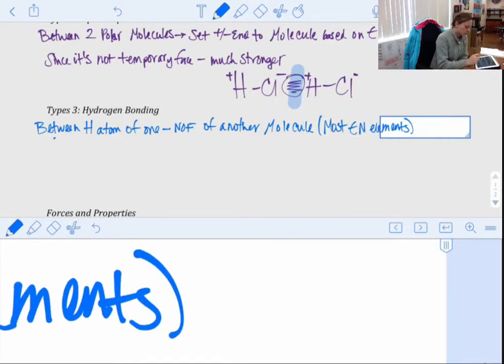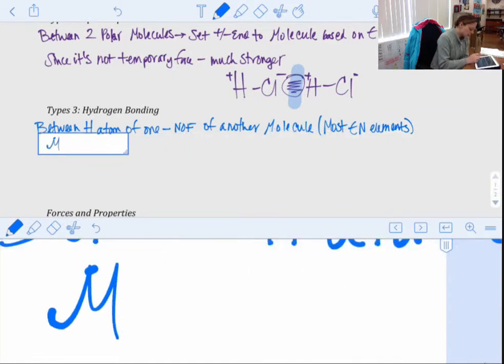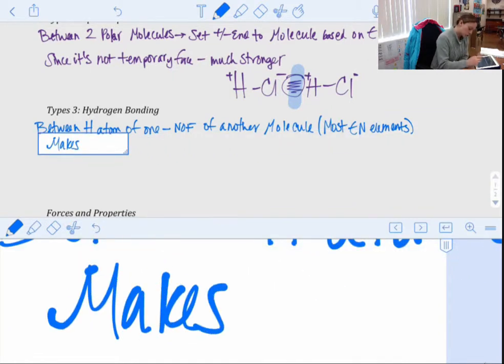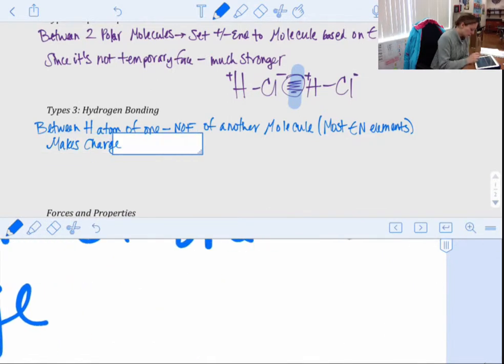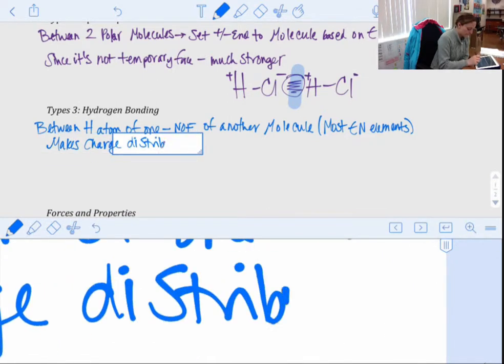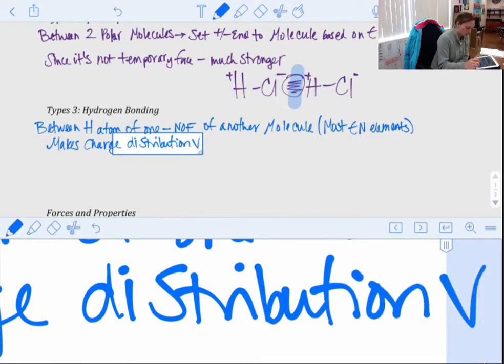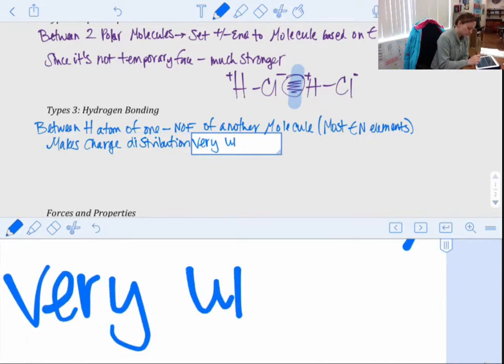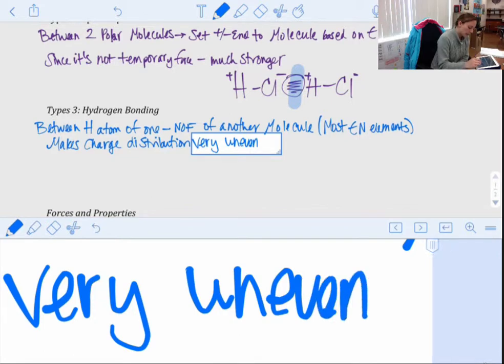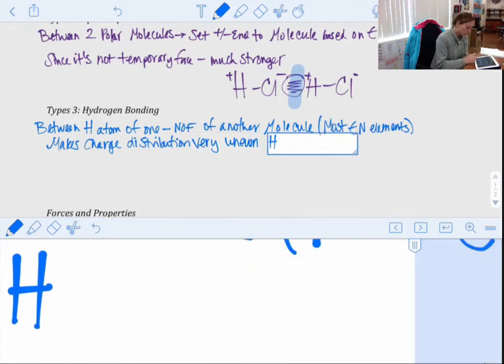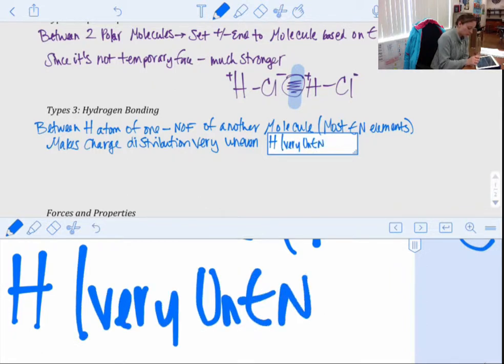So what that means is that it makes a very skewed molecule in terms of charge. It makes your charge distribution very uneven. Because what's going to happen is your H is going to be very unelectronegative, which means that he doesn't want electrons around him at all.